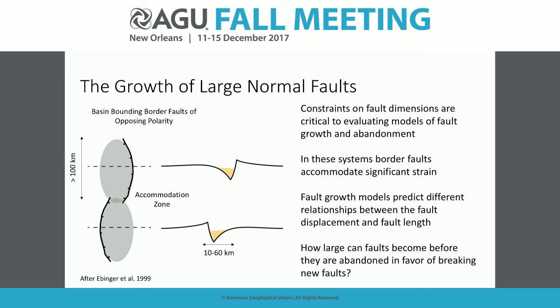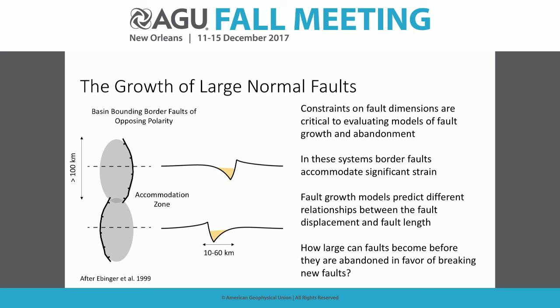I wanted to give a brief overview of the motivation for this talk. A long history surrounds the controls on the development and ultimately abandonment of long border faults like those characteristic of the Western Rift. We know that there are very characteristic relationships between geometric parameters like fault displacement and fault length, as well as lithospheric strength and the influences of surface processes.